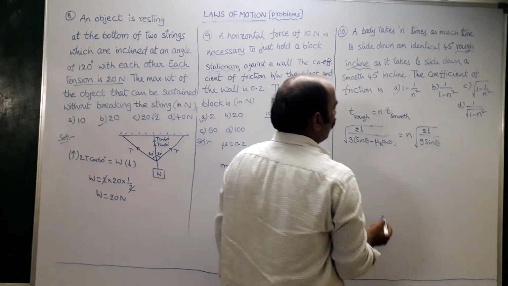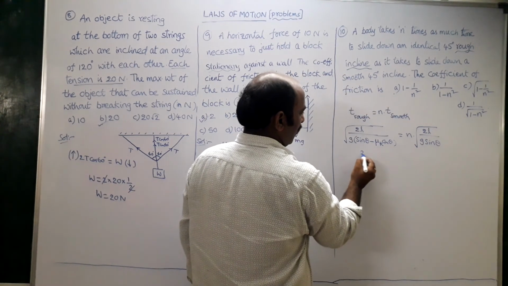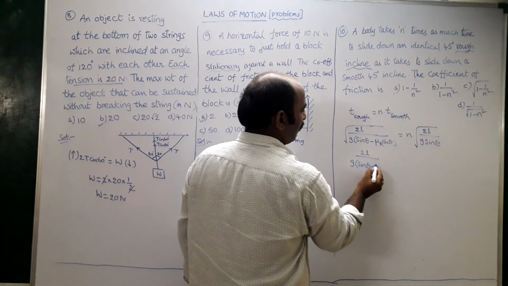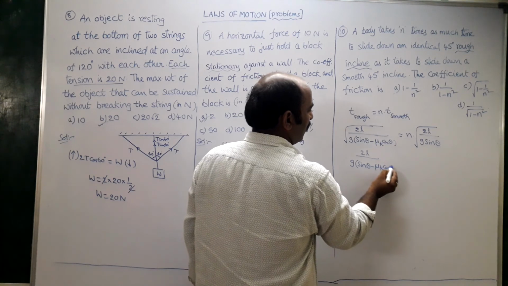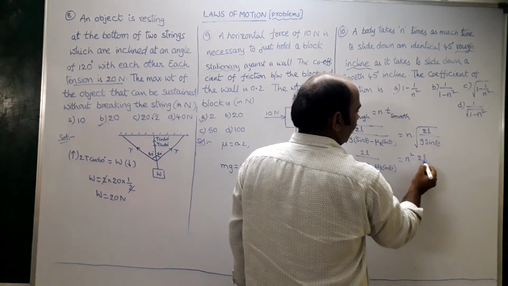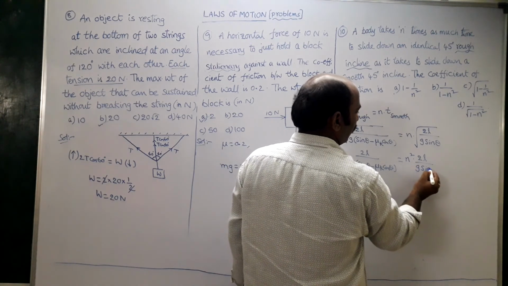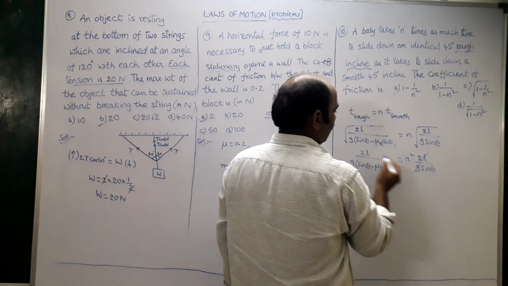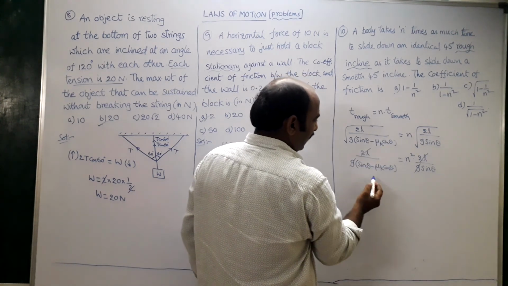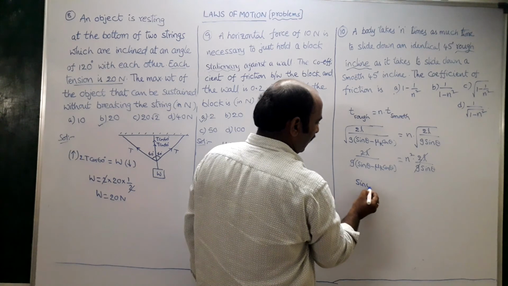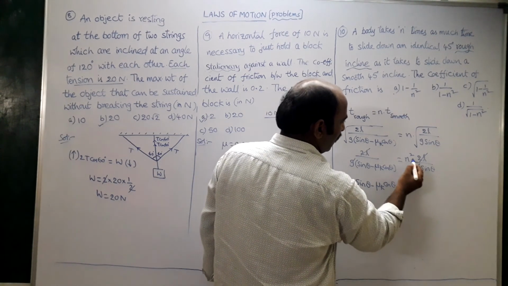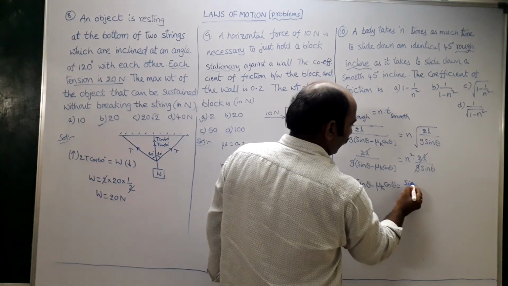Now squaring on both sides we get 2L by g of sin theta minus mu k cos theta is equal to n square into 2L by g sin theta. Both sides 2L by g get cancelled.